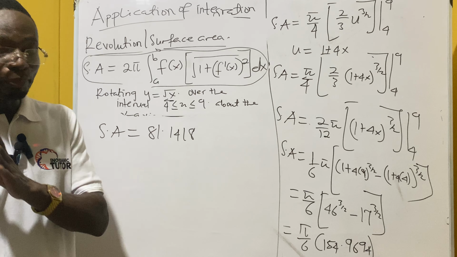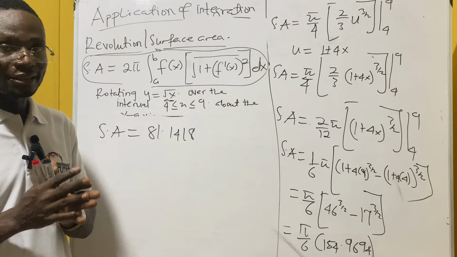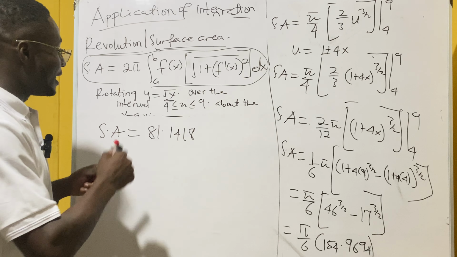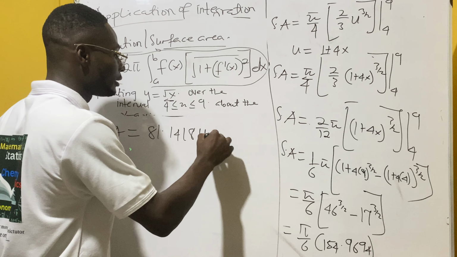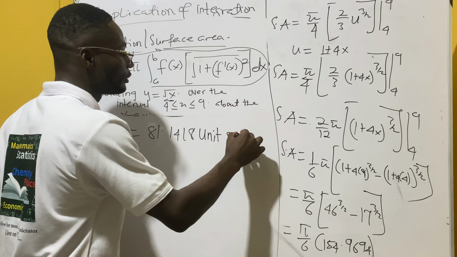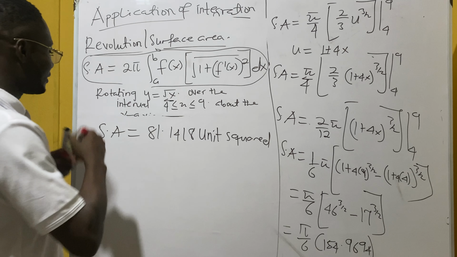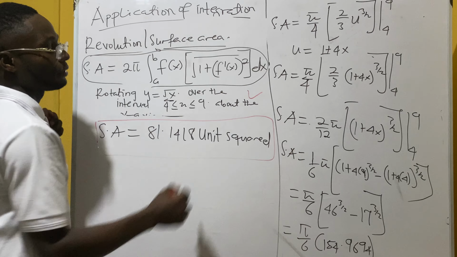So the best unit we can add to this is unit squared, right? So we're going to have 81.1418 unit squared, right? So this is the surface area to this particular problem.